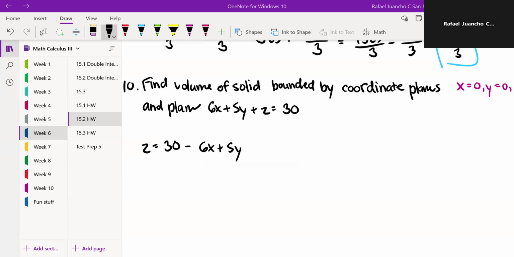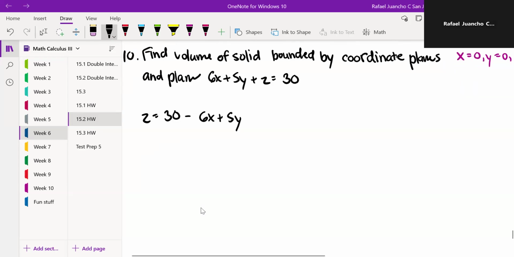Oh, so that's the idea. I want to determine the region of integration. Oh shoot, I was doing it correctly. Whoops. Yeah, that was the correct way to do it.